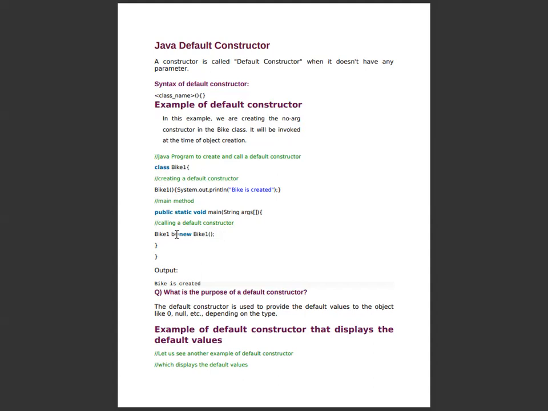So b is created, and now we need to initialize this object. System.out.println gets directly printed as it is. So the message "Bike is created" is printed.